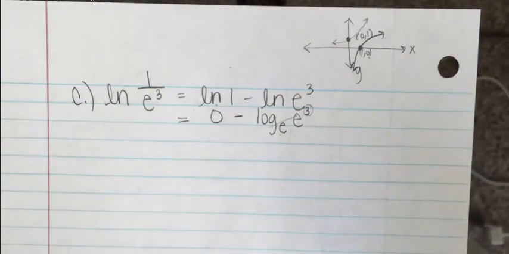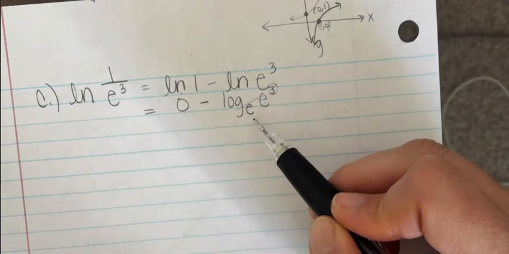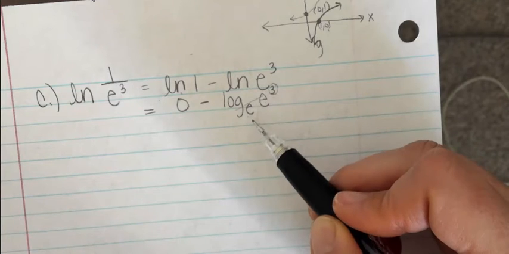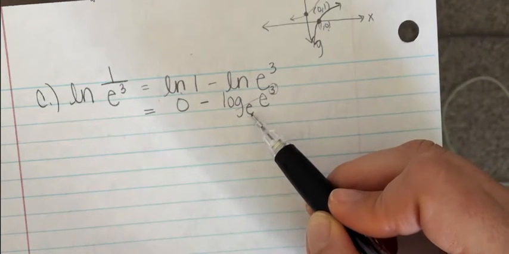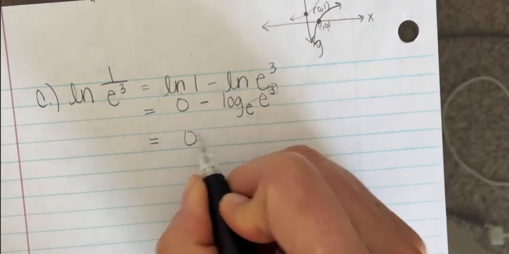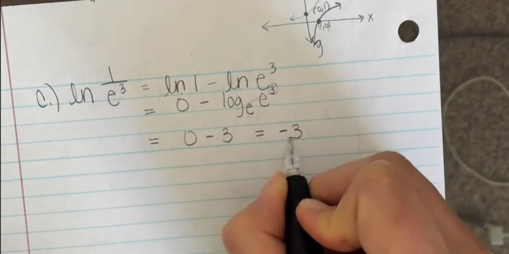The log base e and the e undo each other. You don't actually have to rewrite it as log base e, you can just look at it as ln; I did this to help you out. If you're struggling, sometimes you want to rewrite it with a base e. So this is really just going to give me 0 minus my input, which was 3, or in other words, negative 3.